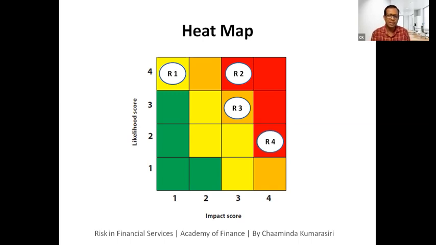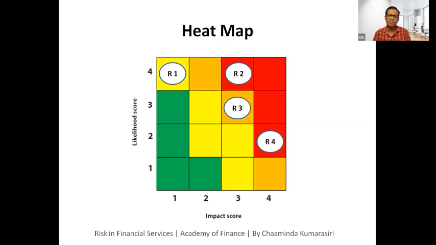Now see, this is a product, as I told you, of impact and likelihood. There's a score we get. Then for the score, we have a color code. If you go by that, both R2 and R4 are at the same level, because it's a product, the total risk figure that you arrive at. According to this, both R2 and R4 are in the red zone. That means there is a definition for the red zone, high risk probably. Both are high risk.